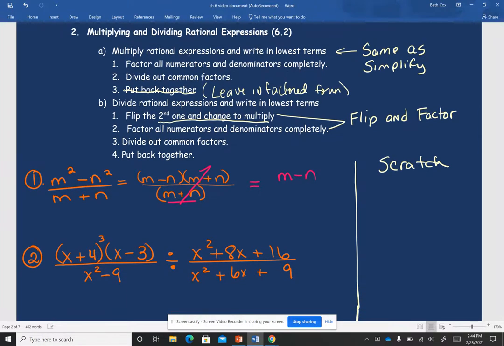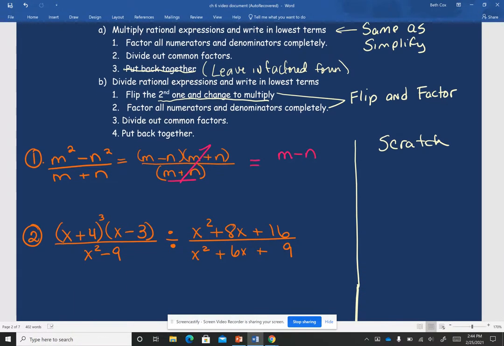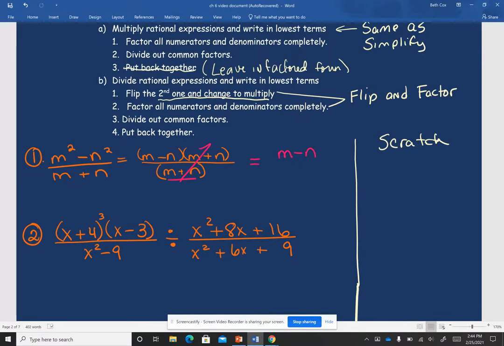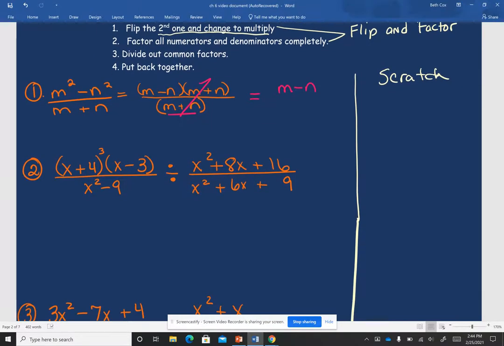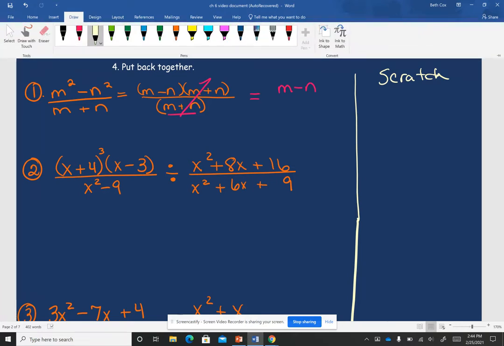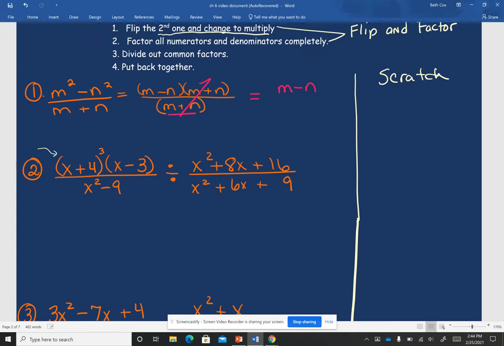The next one is a divide problem. Okay, so we have to factor everything first. That's the first thing we have to do. Now if you'll notice, the first numerator doesn't need to be factored.